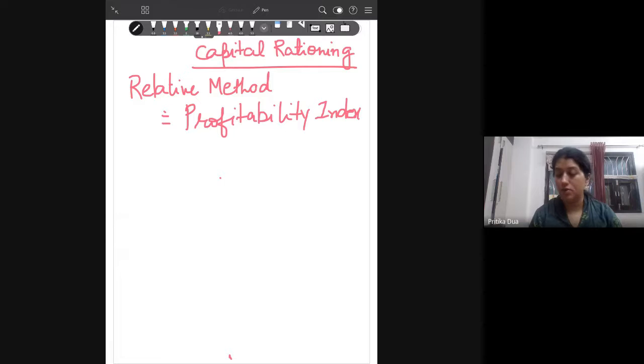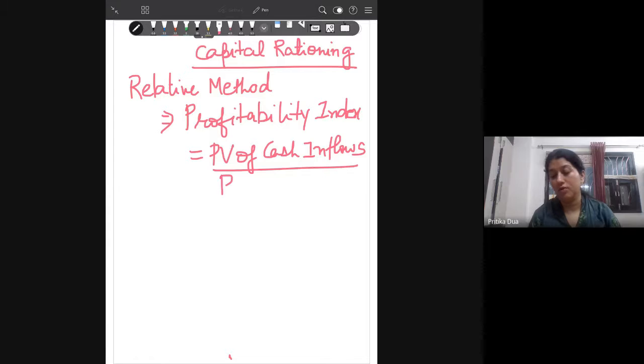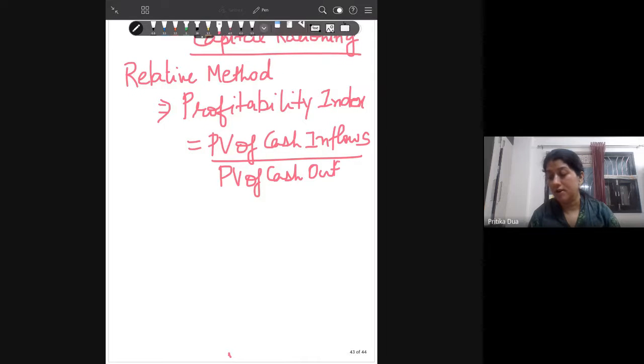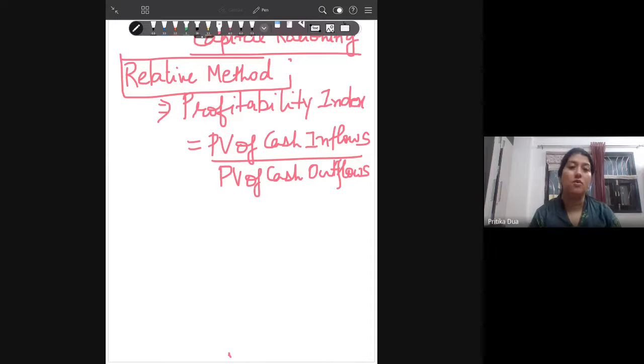Profitability index was present value of cash inflows divided by present value of cash outflows. So it was basically giving the return for every rupee invested in the project. So in that sense, it is a relative measure of evaluation.